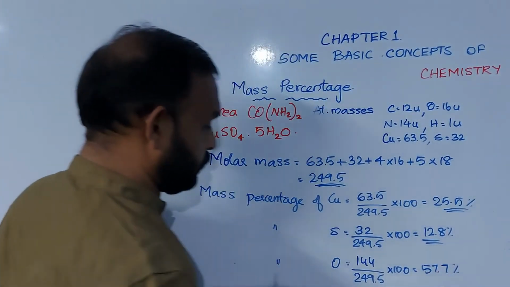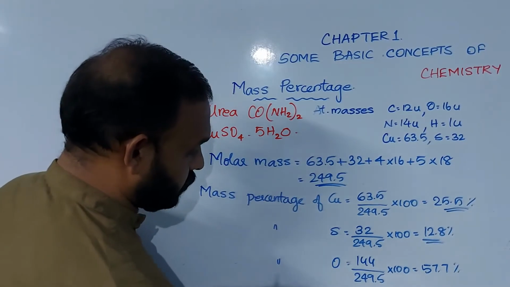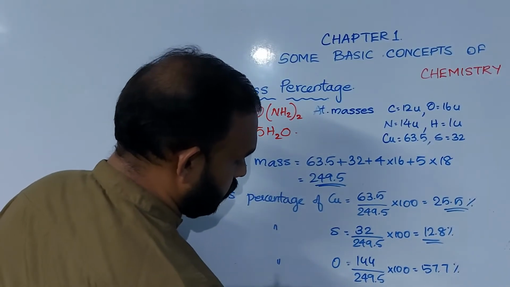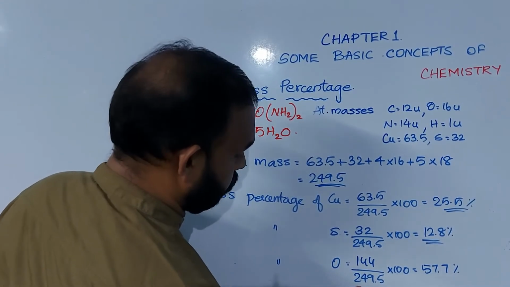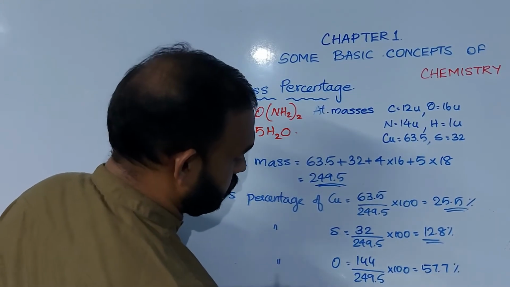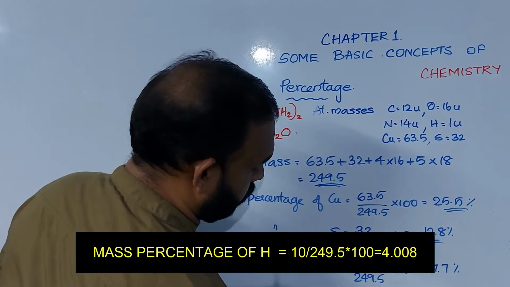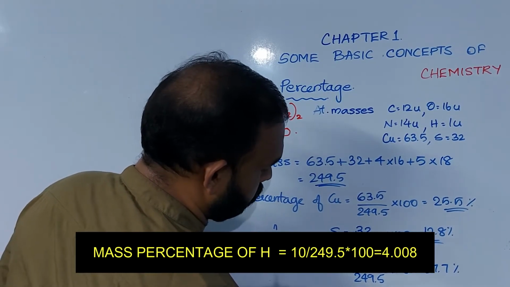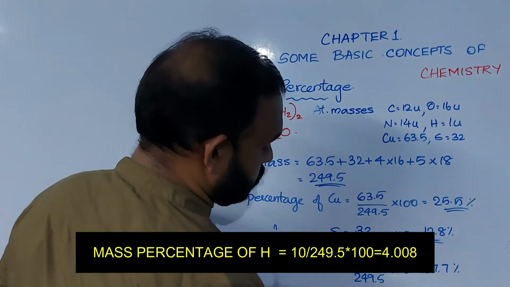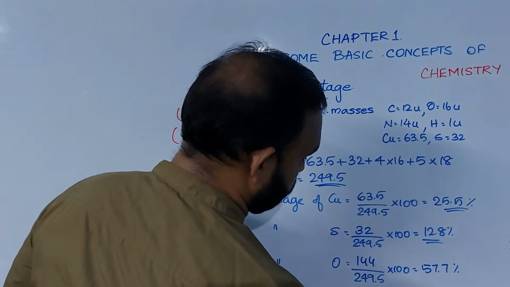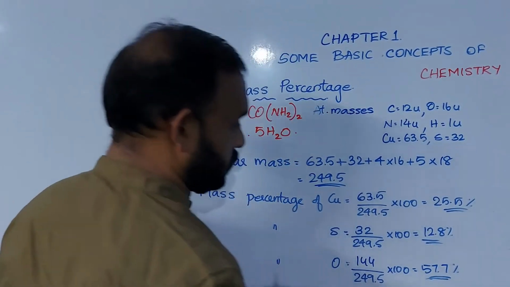that equals 57.7 percentage. Now in the case of hydrogen, as we have seen already, we have 10 hydrogen atoms. So 10 upon 249.5 into 100, that will give us the value 4.01, which we can take as 4%.